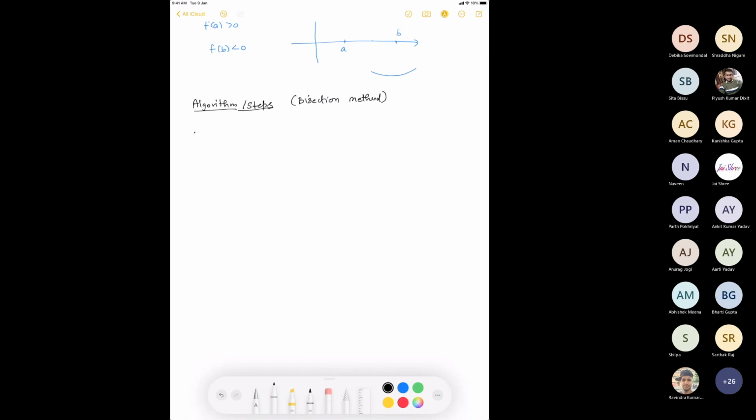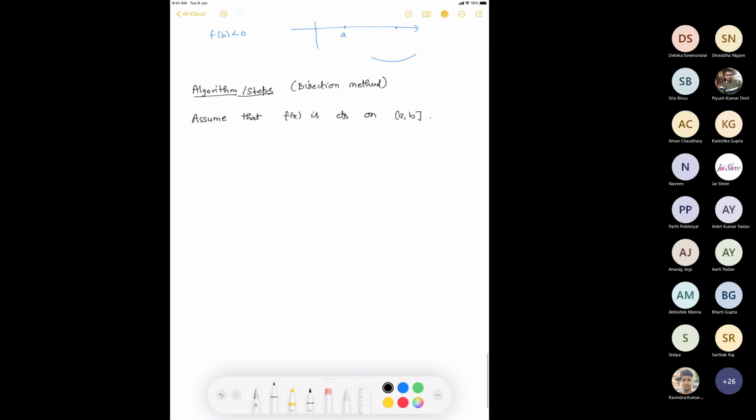So again, I'm going to have a continuous function on the interval AB. Okay, and these points A and B I'm choosing such that the function changes sign in this interval, that is f(a) f(b) is strictly less than 0.